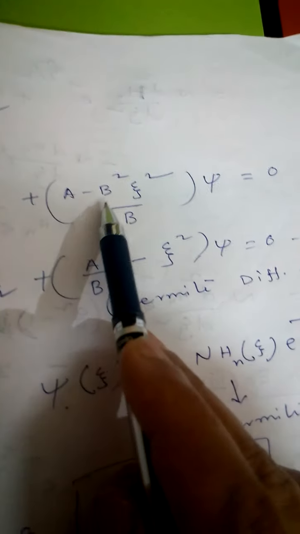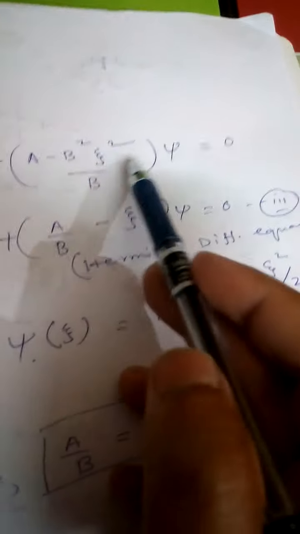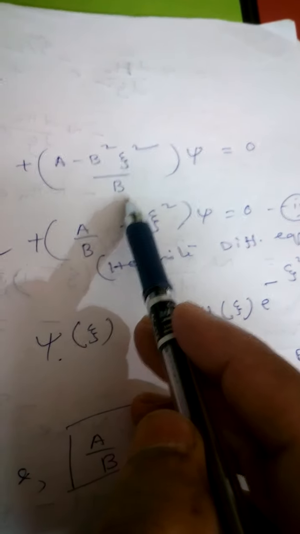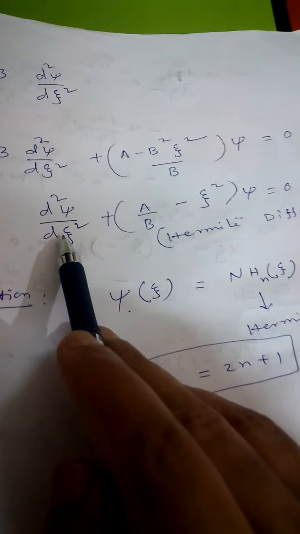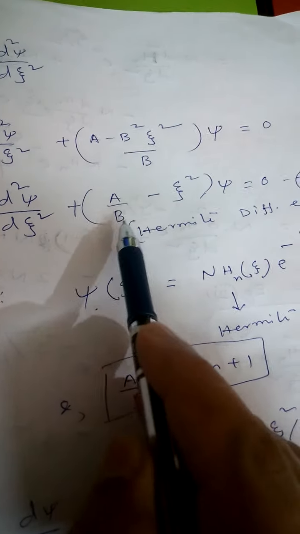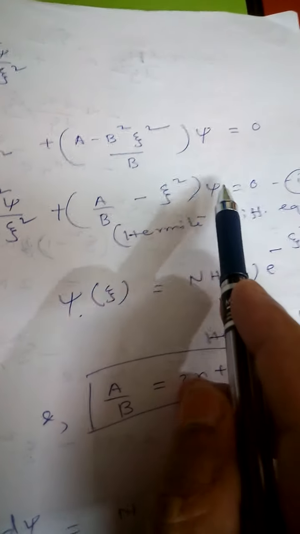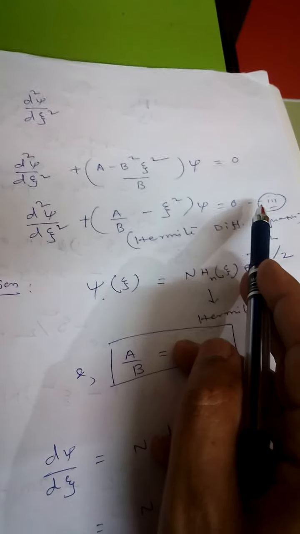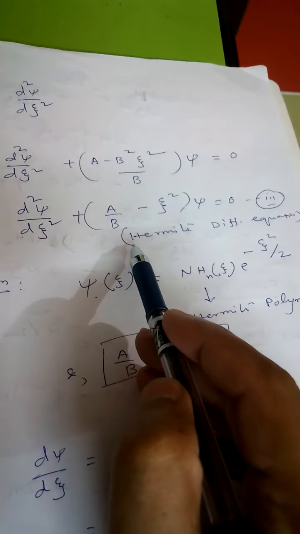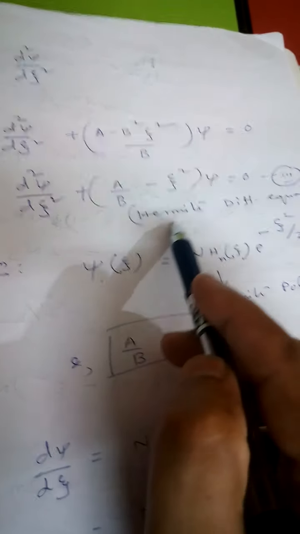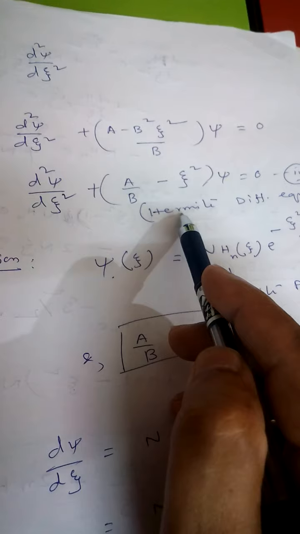In place of x square we put xi square by b. Finally, after simplification, we have d square psi by d xi square plus (a by b minus xi square) psi equals 0. Let it be equation number 3. This is referred to as the Hermite differential equation.